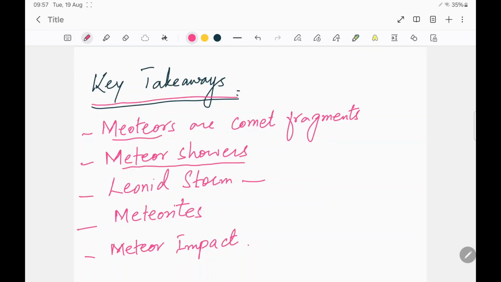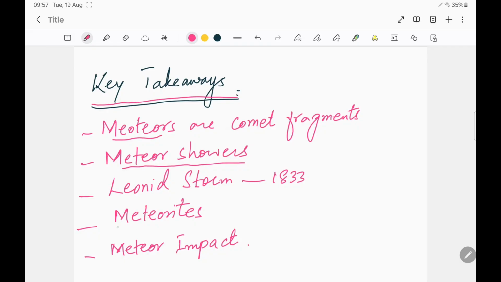So the most famous meteor event that occurred in history was the Leonid storm in 1833. I believe we have already talked about it, that around 240,000 meteors appeared in the Earth's atmosphere in about, say, 9 hours, it is said. So that is the most famous of the meteor storms.